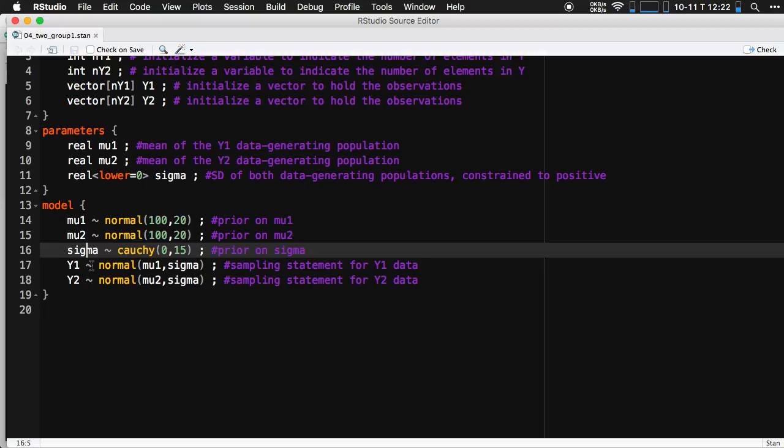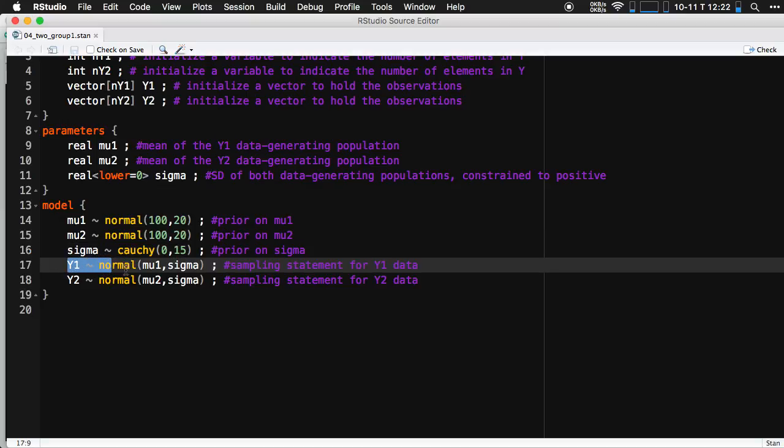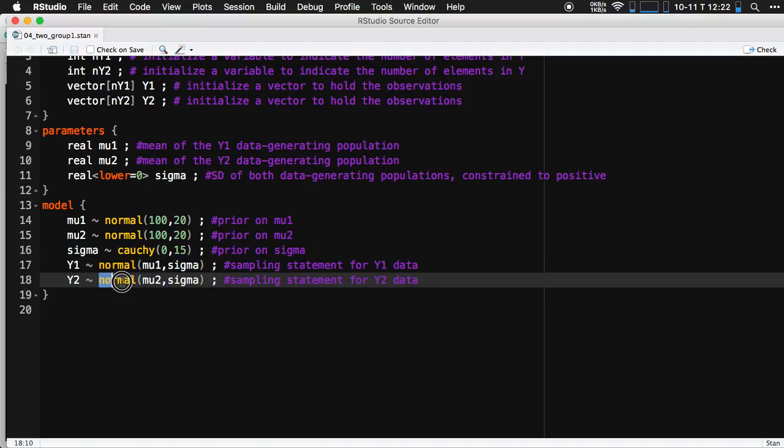We've got y1 distributed as something and y2 distributed as something. So what's y1 distributed as? Well, it's normal with something called mu1 as its mean and something called sigma as its variability. And y2 is normal with something called mu2 as its mean and something called sigma as its variability.